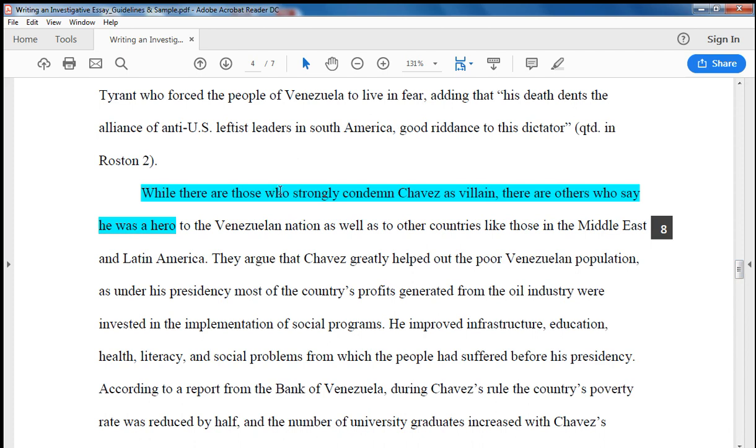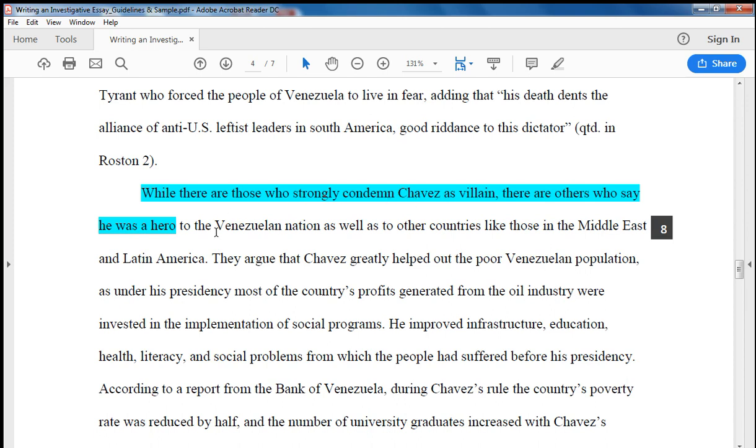So then you see that, again, she uses the topic sentence at the beginning of this body paragraph, her fourth body paragraph, to clearly indicate that she is switching sides. She's switching to the other side of the debate, that is, when she says, while there are those who strongly condemn Chavez as a villain, there are others who say he was a hero.